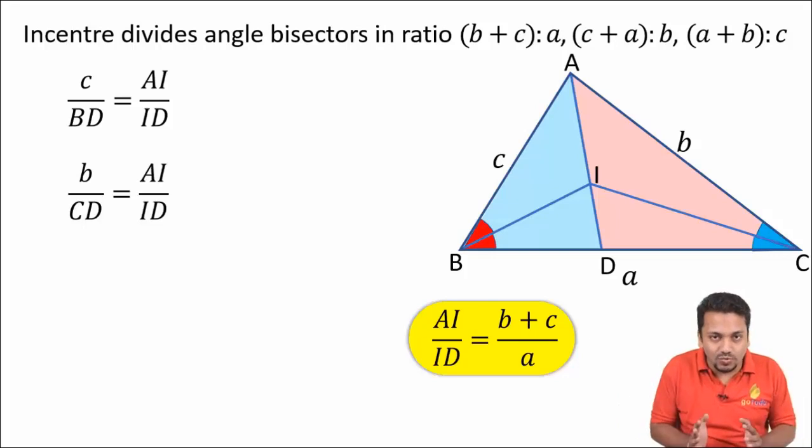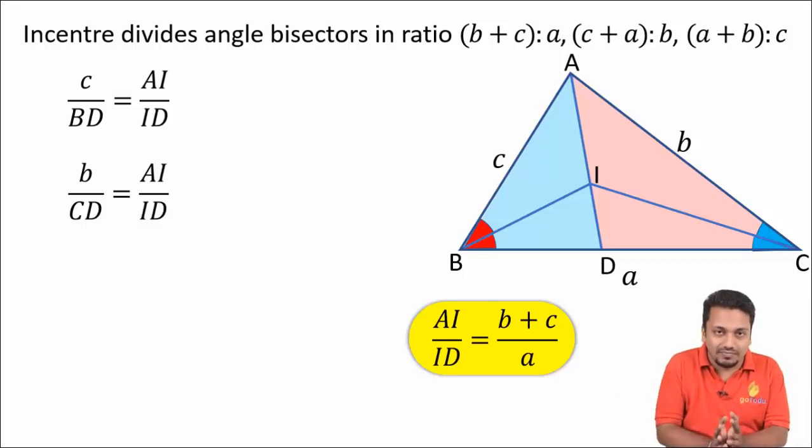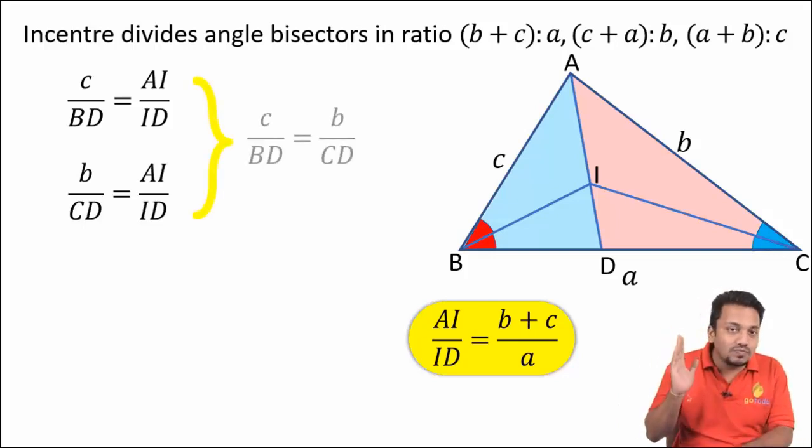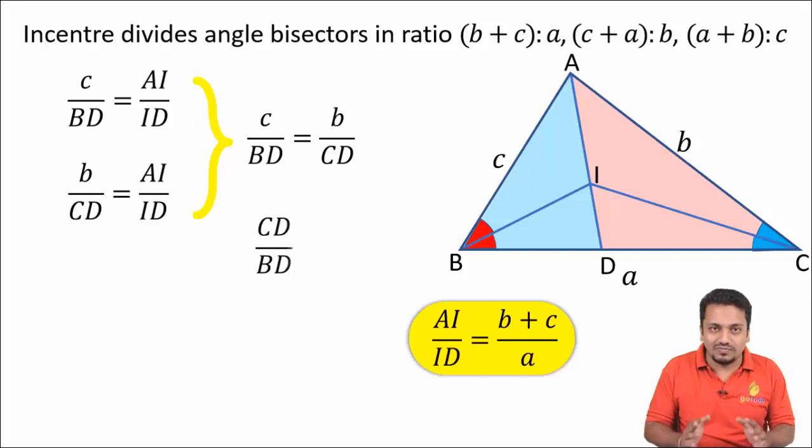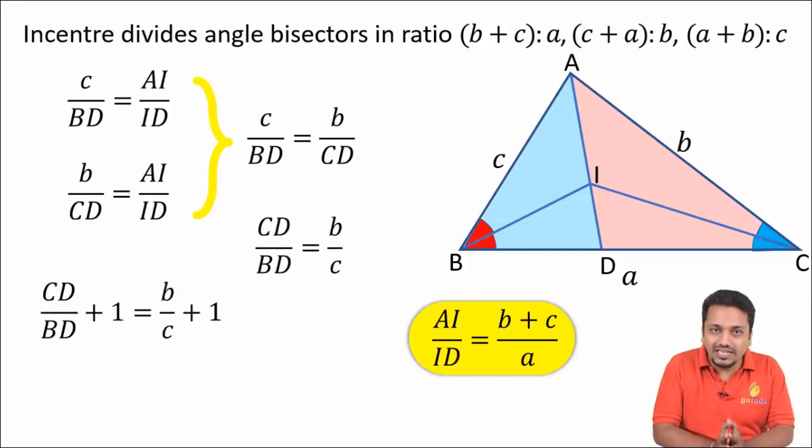Now club these two as their right hand sides are the same. So C upon BD is equal to B upon CD. Transpose. Now add 1 to both sides.